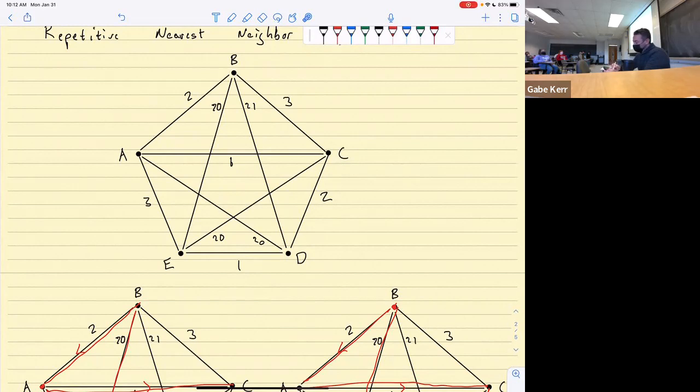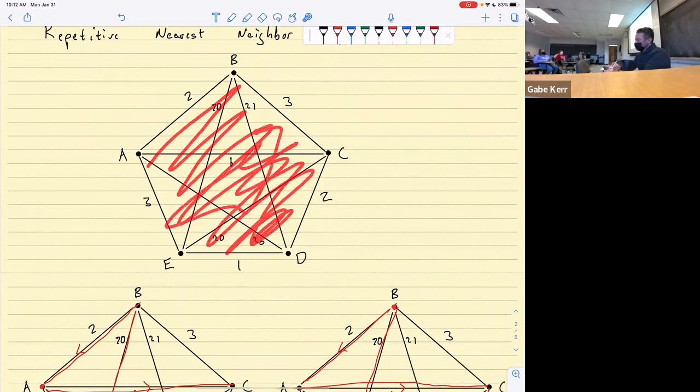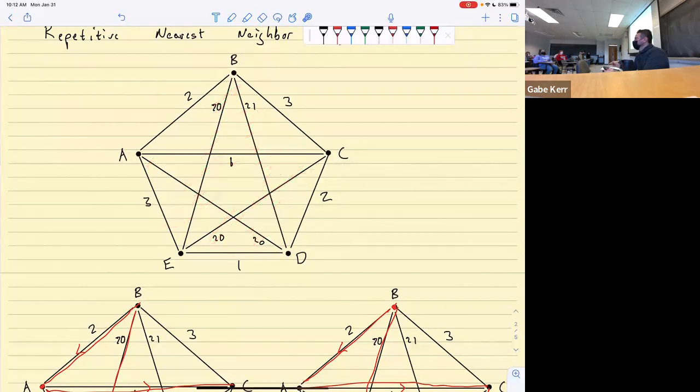People see what they want to see, right? So if we just shade it in, it'd be like a pentagon, right? Yes, a pentagon. Okay. So what if we just went along the boundary? What is the total weight you get there?